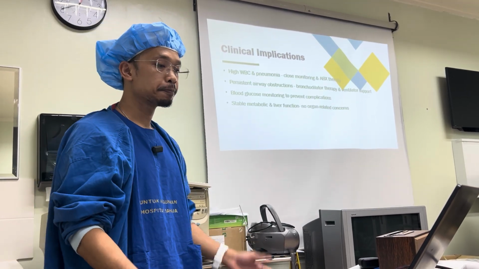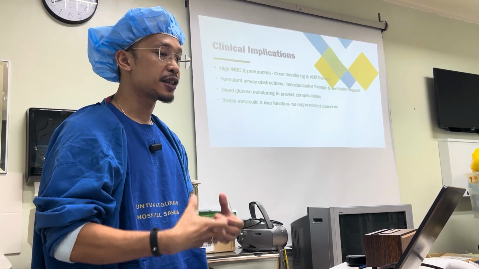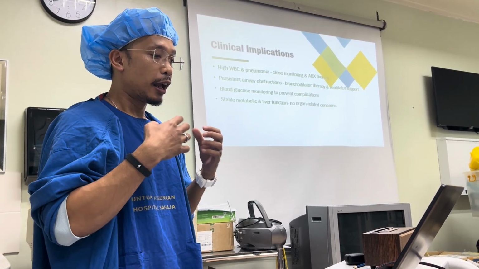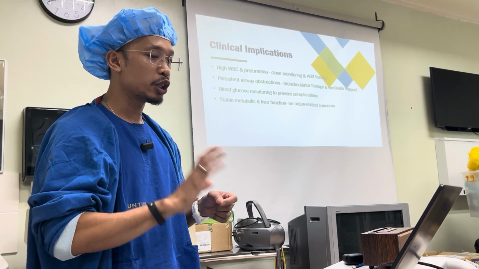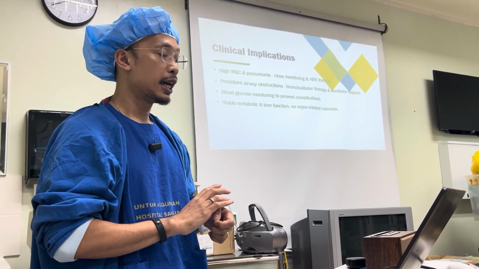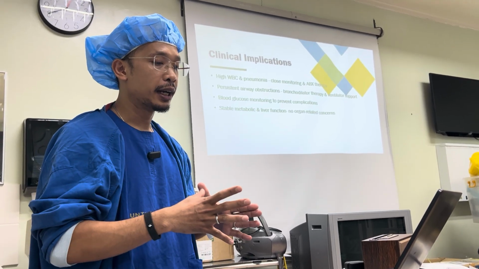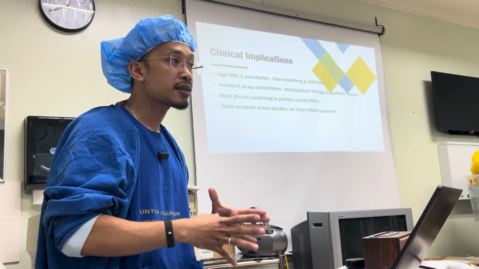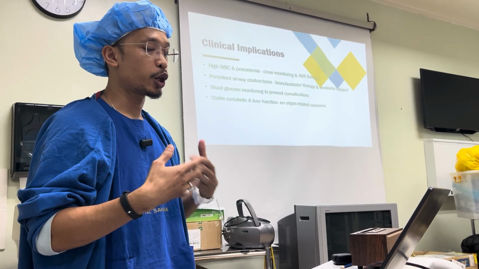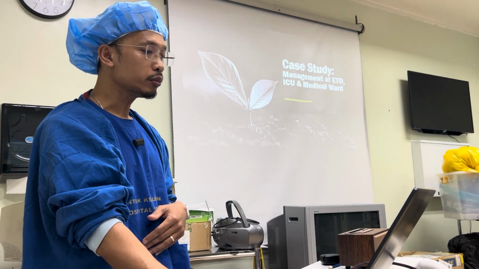So the final thought: the key priorities in this case are aggressive airway management, infection control, and continuous monitoring of both respiratory function and metabolic parameters. The laboratory findings help us to pinpoint the primary concern, the lungs and the infection, while reassuring us that the other organ systems remain stable.